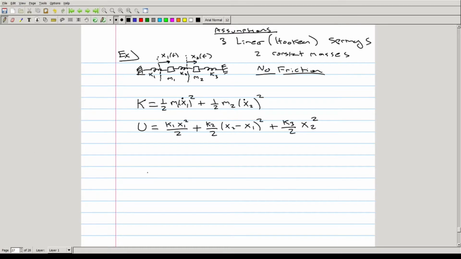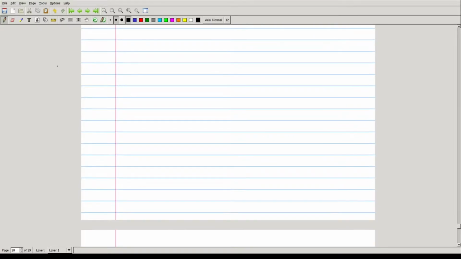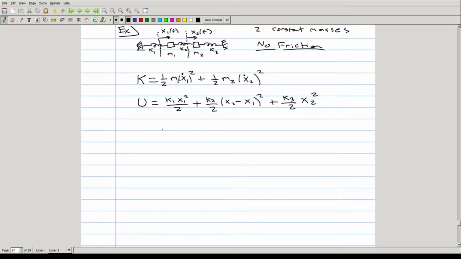So the Lagrangian approach is to go through, and our generalized coordinates are x1 and x2. Those fully describe our system, so we have to calculate dL/dx1.